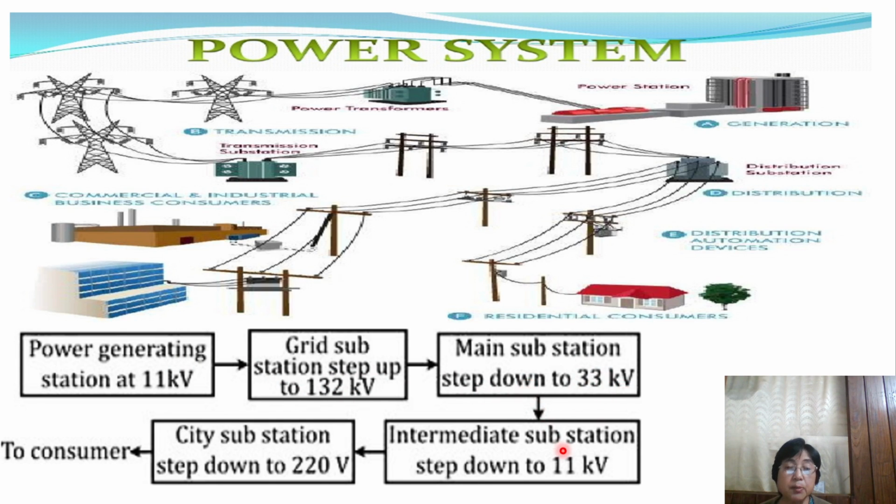Then it will come to the intermediate substation, where it will be stepped down to 11 kilovolts. And from here it will be stepped down further to 220 volts, where this will be supplied to the consumer.